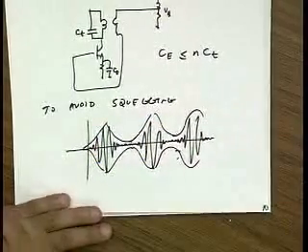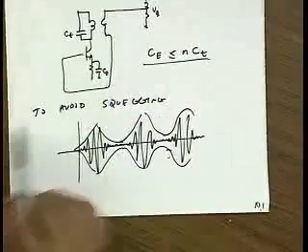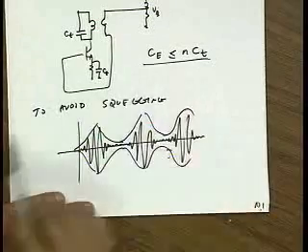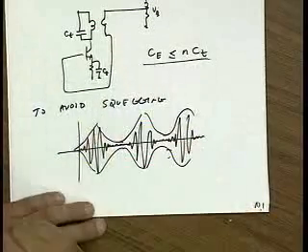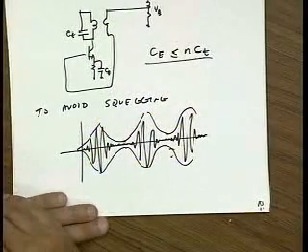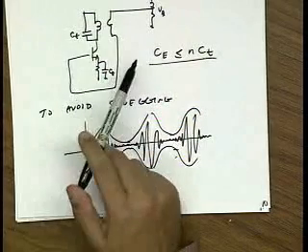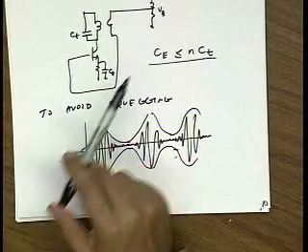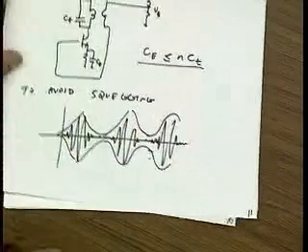Okay? Now it's fairly complicated, and I actually don't know how to derive this equation. I should think about it. But somebody's derived this relationship and tells you for this particular oscillator, keep CE less than N times CT, and the circuit works. Al, do you know how to derive this? Yeah.